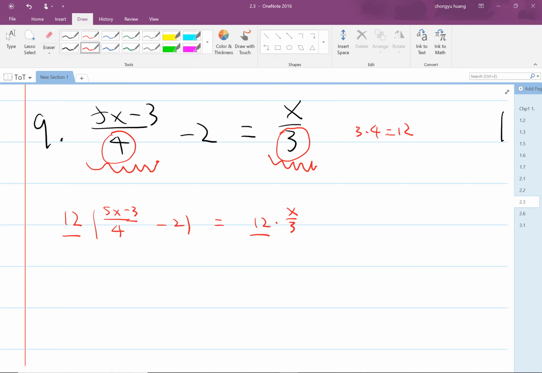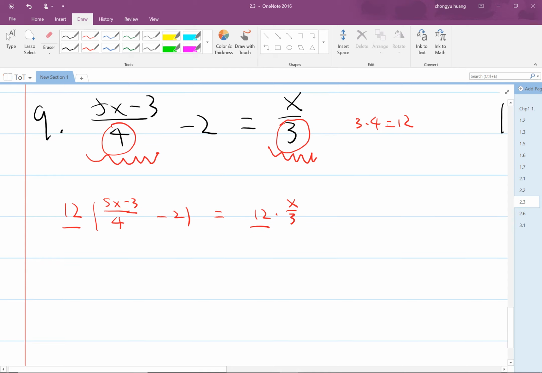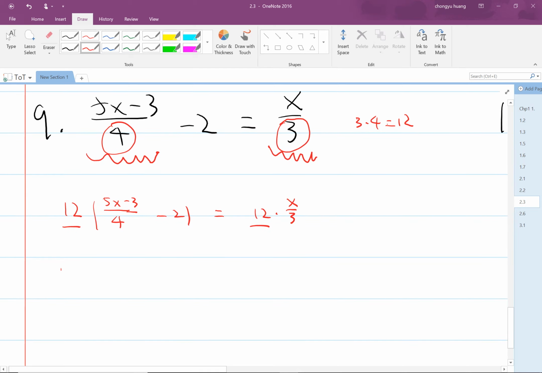Okay, let's just solve the question further. After the steps, you guys should be able to understand why. I'm just going to show you the full detail of how you actually solve these problems. I'm not going to skip any steps.